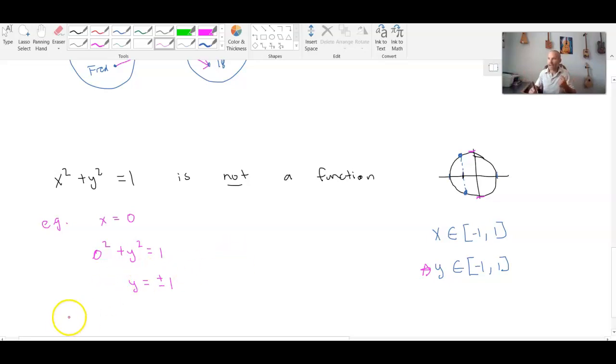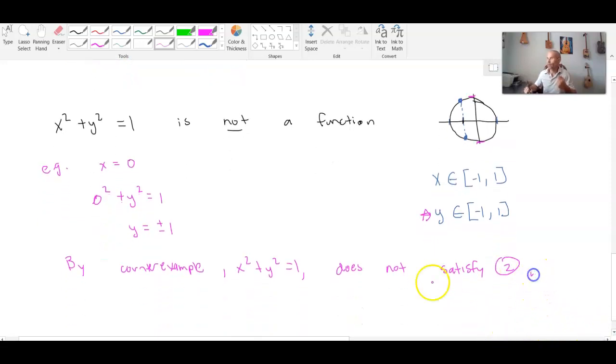So basically, by counterexample, x squared plus y squared equals 1 does not satisfy condition 2. And so, therefore, we could say x squared plus y squared equals 1 is not a function.